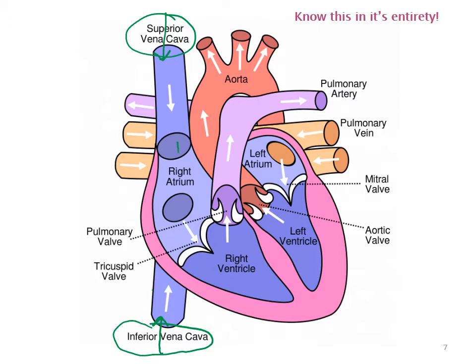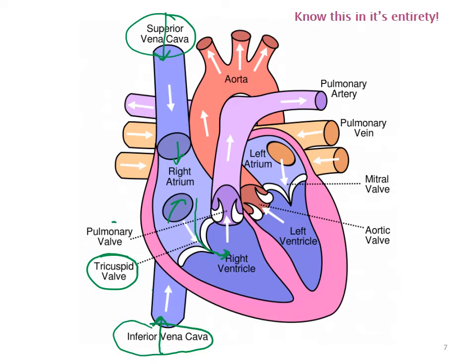This blood comes into this atrium, and gets mixed together, and then gets shot out through what's called the right atrioventricular valve, also known as the tricuspid valve.